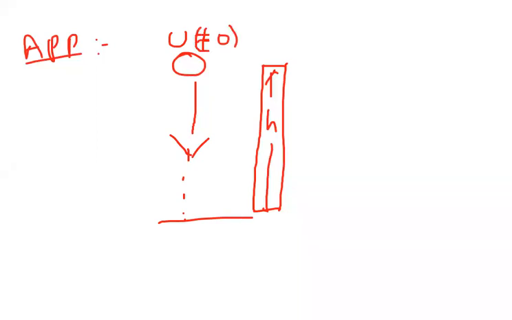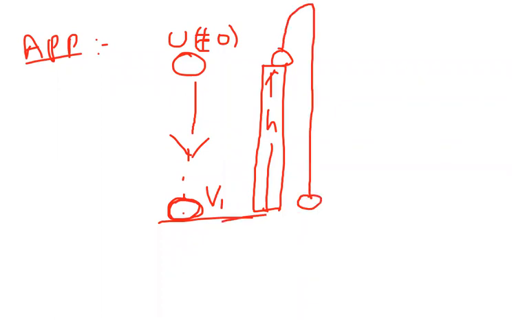It reaches the ground with a velocity v1. Here again one more body is projected up and reaches the ground. Here also it is projected with the same velocity u, and it reaches the ground with velocity v2. The height is the same in both cases.